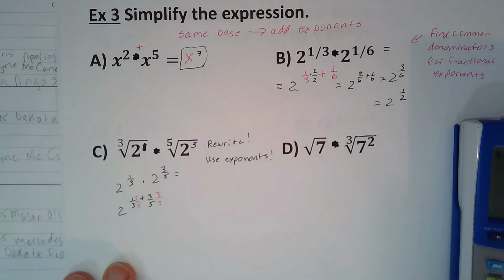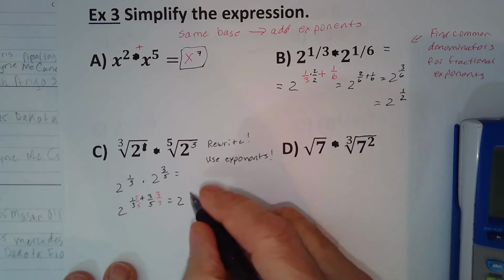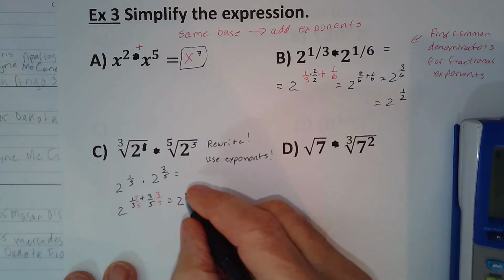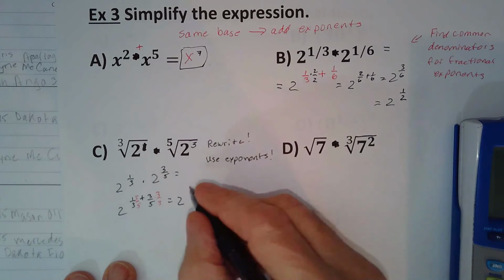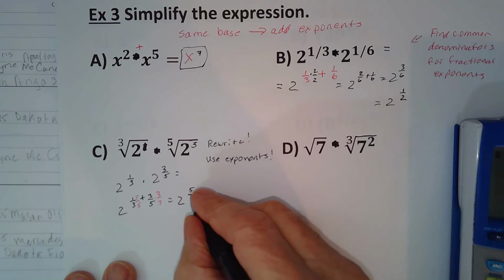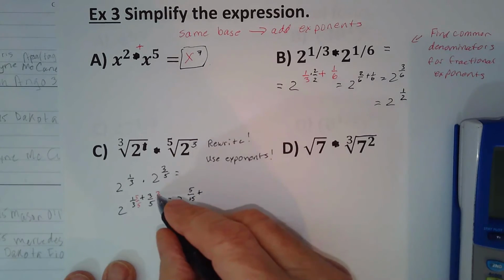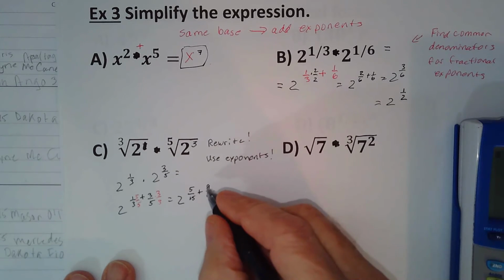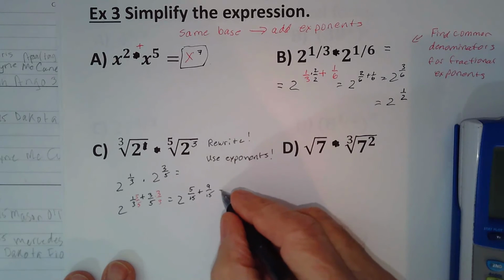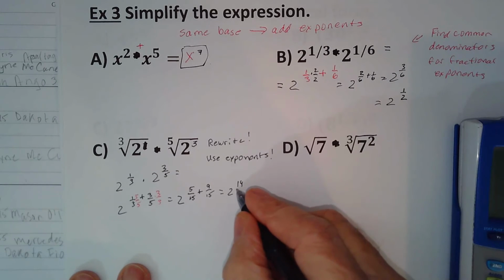So we end up with 2 to the, well, let's see here, 5 over 15 plus this is 3 times 3 is 9 over 15. What's 9 and 5? That's 14. So that's 2 to the 14 over 15.